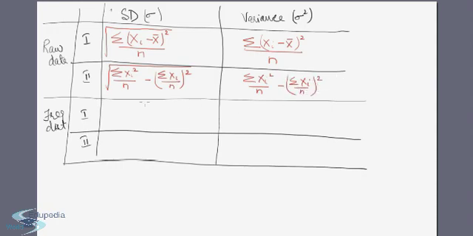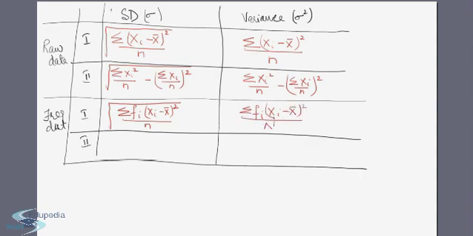In case of variance, we shall be writing it as summation xi square by n minus summation xi by n, whole square. Now in case we had frequency distributions, the basic formula to find the standard deviation was the same as we have here, except that this quantity would be multiplied by the frequency value, so we will have summation fi xi minus x bar square divided by n, and in case of variance it's the same, except that we will not have the square root.